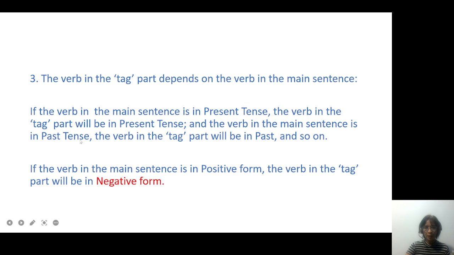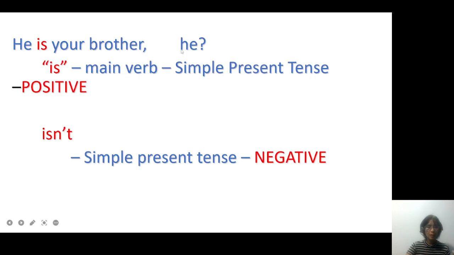So in the first part of this rule, consistency, if you start in the present tense, then the tag part will also be in the present. But when we turn a positive statement into a tag, there should be a negative form. Another example, he is your brother.